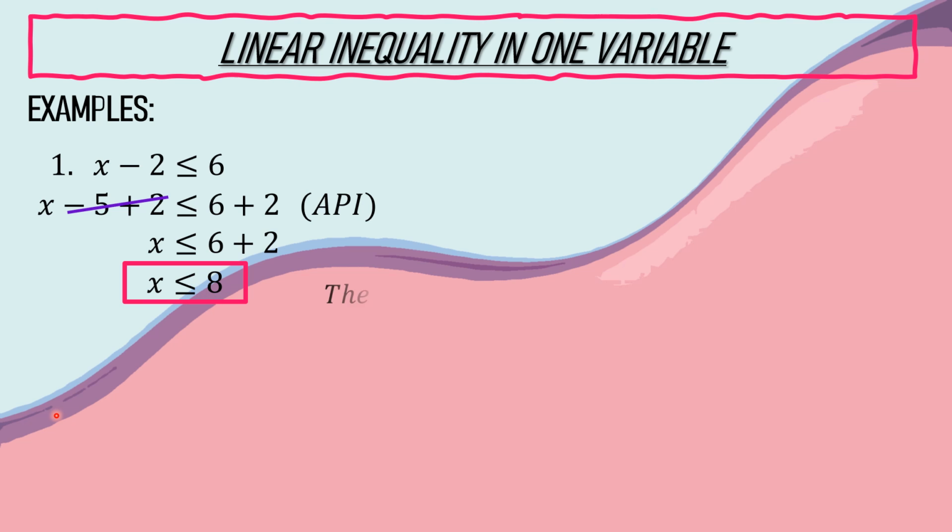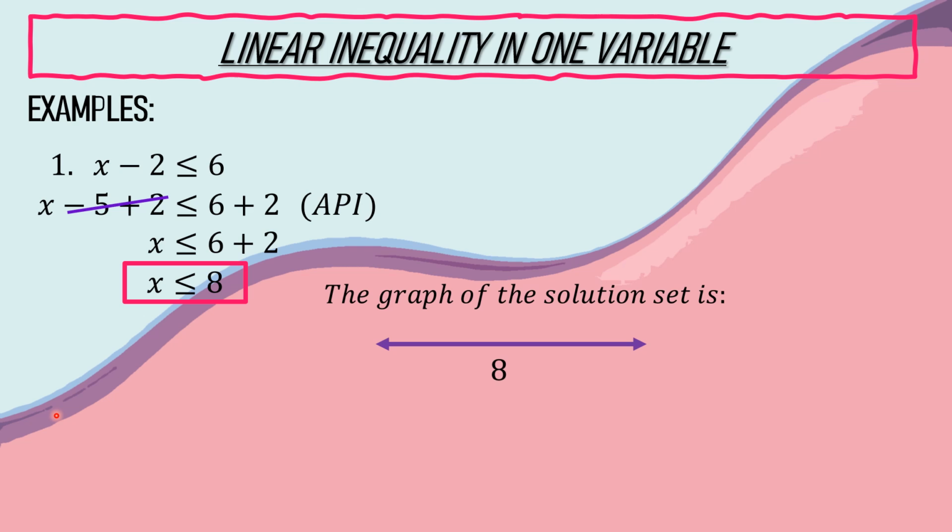So, kailangan natin magkaroon ng graph. So, the graph of the solution set is this one. Kapag magsosolve tayo ng linear inequality in one variable, palagi po tayong mayroong number line. Isulat natin yung nakuha nating sagot, which is 8. And then, ang nakalagay dyan, less than or equal. So, kapag sinabing less than or equal, iyon yung mga numbers na nasa kaliwa ng 8.